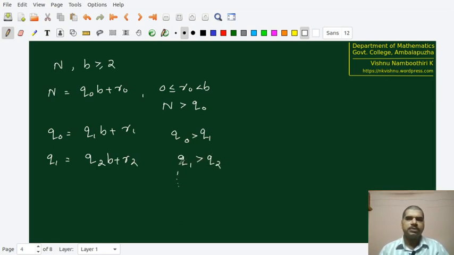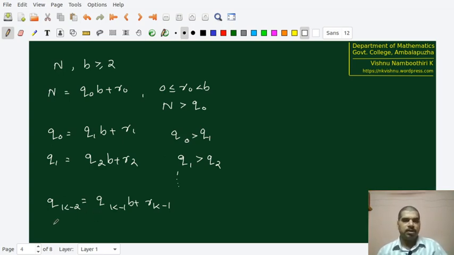If you continue like this, since n, q0, q1, q2, etc. are strictly decreasing and all nonnegative, we will finally get q k minus 2 equals q k minus 1 into b plus r k minus 1, and in the last step, since q0, q1, q2, etc. are decreasing, it is not necessarily going to become equal to 0, but it must become less than b.